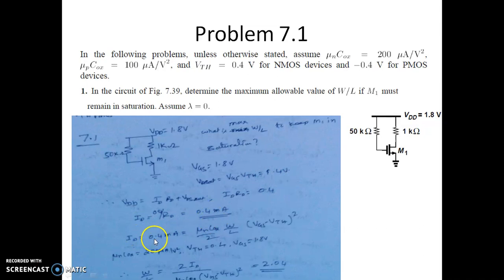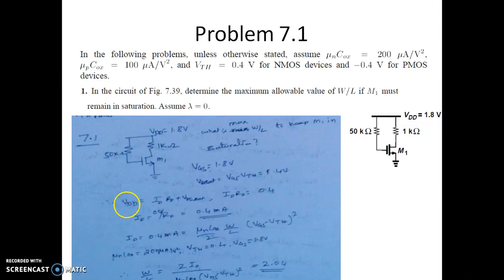Substituting ID equal to 0.4 milliampere in the ID expression for saturation, we know mu and Cox, and we don't know W by L, which is to be found out now. VGS minus VTH we know. Upon substituting all these things, you can certainly use the alpha A version of your calculator.